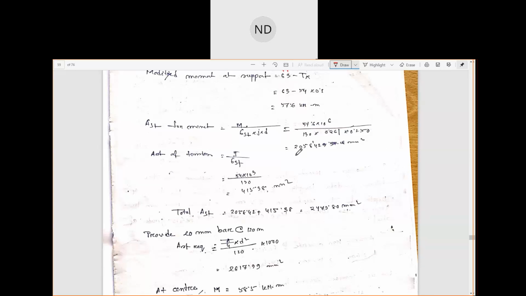Now the total area of steel is how much? Area of steel for moment plus area of steel for tension is this much. So we will provide 20 mm bars at 120 center to center.